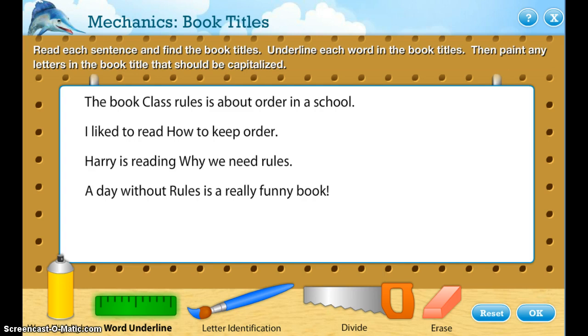The book Class Rules is about order in a school. Reread that sentence to yourself, and I want you to identify the title of the book they're talking about.